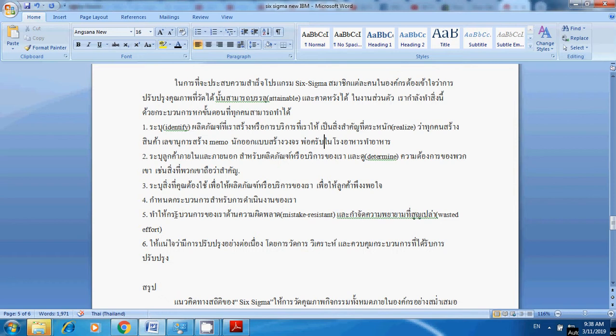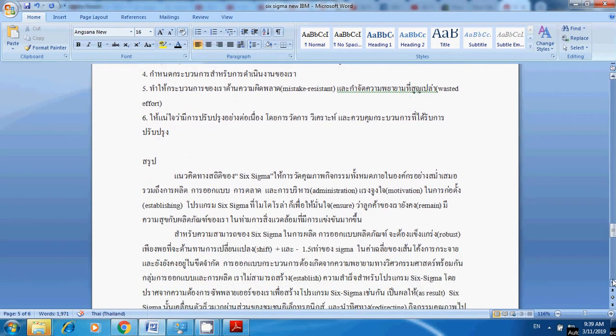Number 5, make the process mistake resistant and eliminate wasted effort. Number 6, make sure that you continue to develop by measuring, analyzing, and controlling the process that has been developed.